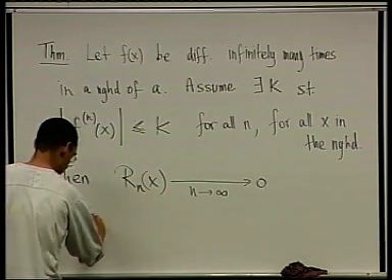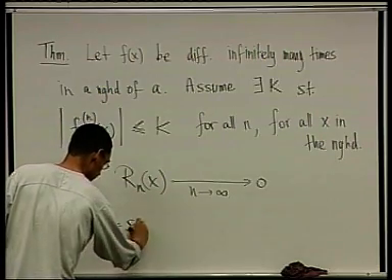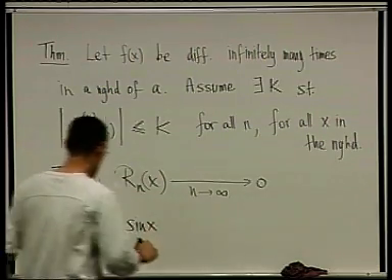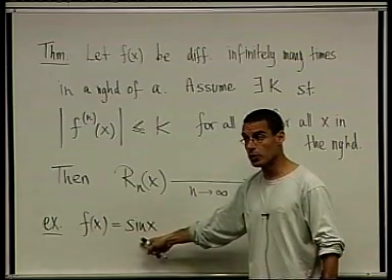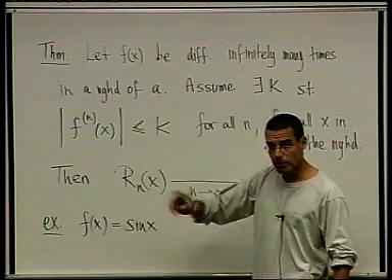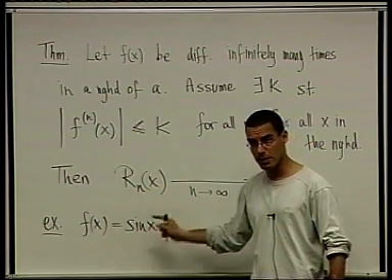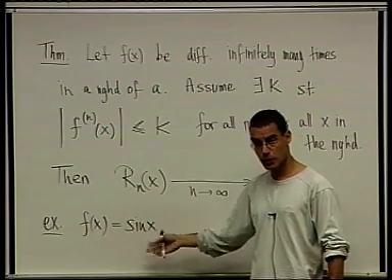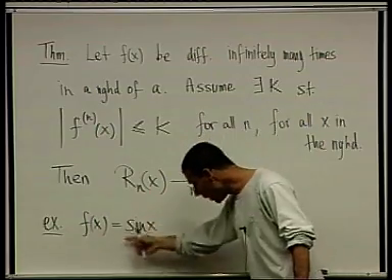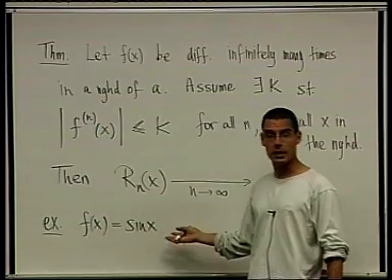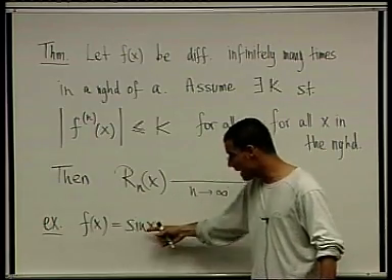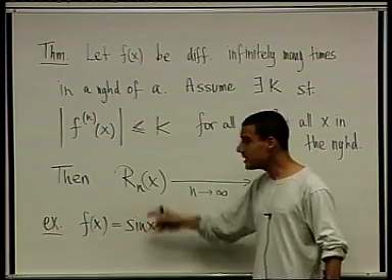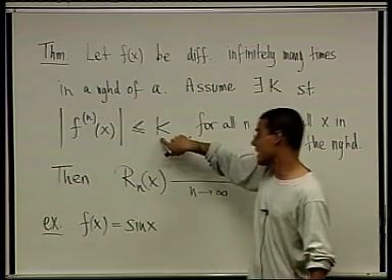Okay, so example. f of x equals sine of x. What are all the derivatives of sine of any order? They're all plus minus sines and cosines. Remember, we did that last time. Do you agree? So they're all bounded by 1. All the derivatives of any order all satisfy this with k equals 1.